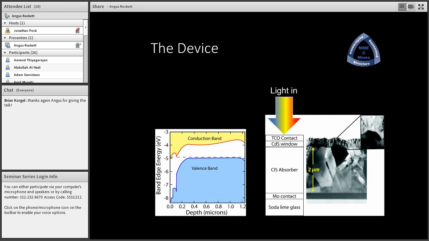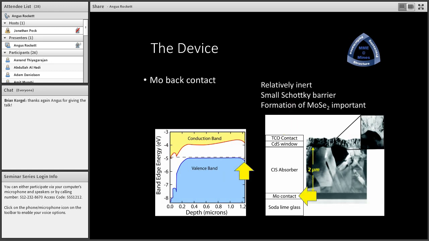So let's look at the device to begin with. It is a so-called substrate geometry device, usually made on soda lime glass or a couple of other materials we'll talk about in a couple of minutes. The back contact is generally molybdenum. It's not that molybdenum is such a particularly good material, but it has the advantage that it's very inert with respect to practically everything.